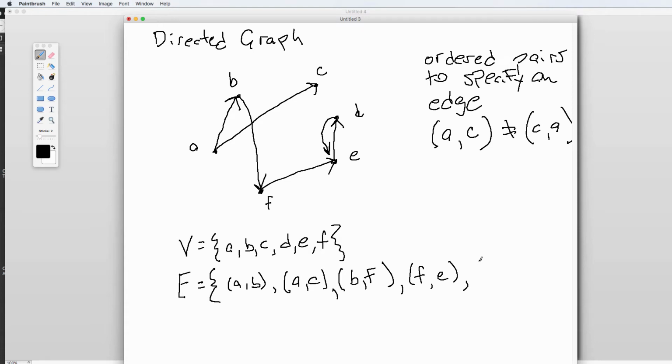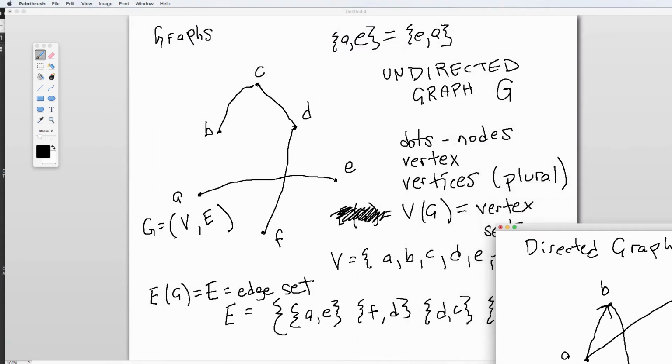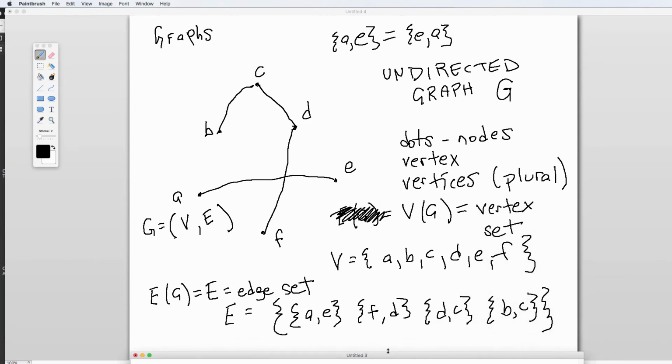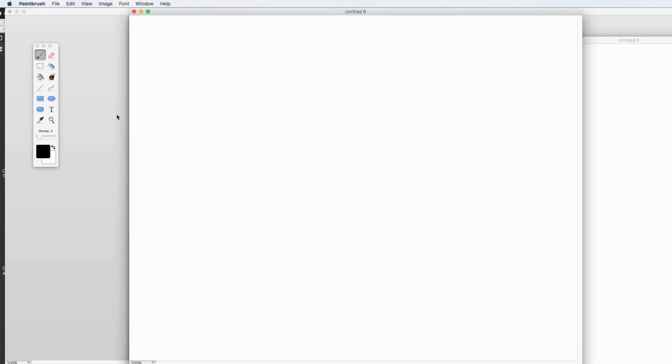So I have to specify those separately. So I've got ED, comma, and then I've got DE. And then I close up the set. Okay, so here, this is a directed graph. And again, notice that we're using ordered pairs here. This is an undirected graph, so notice that down here, we're just using the set notation.